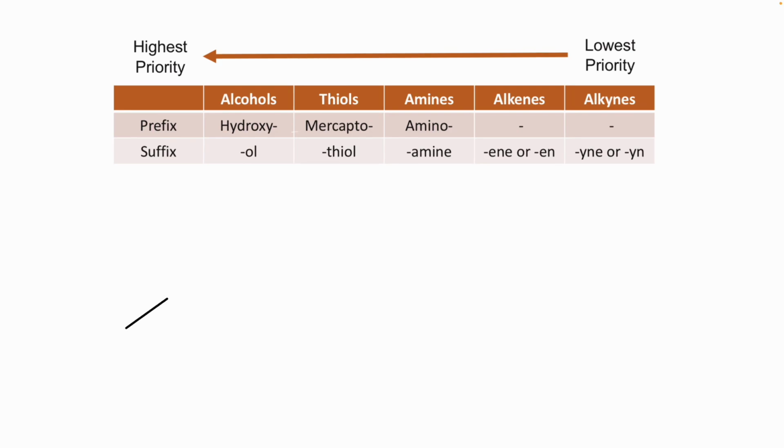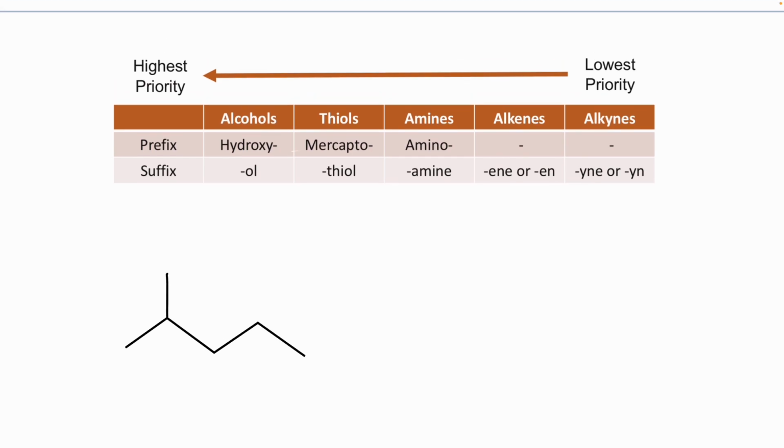So let's take that same example here. We have our 5-carbon parent chain. I want everybody to take a second and number this parent chain for me based on this list up here.